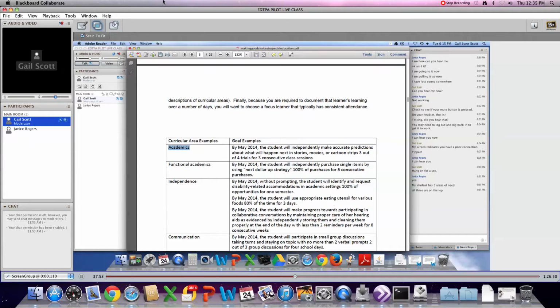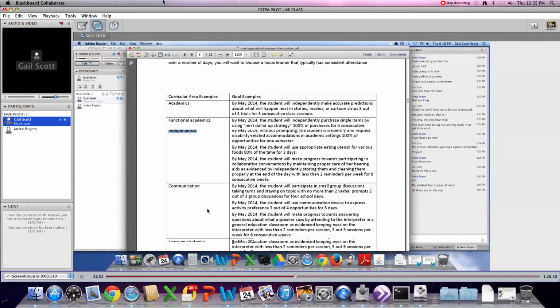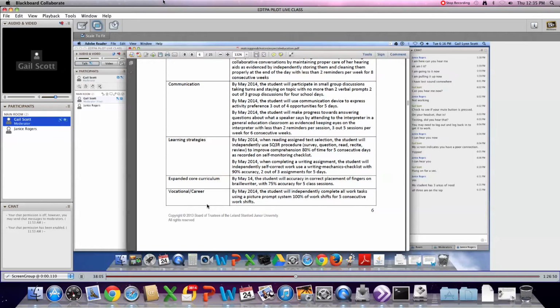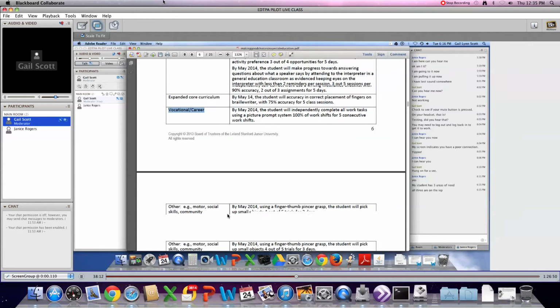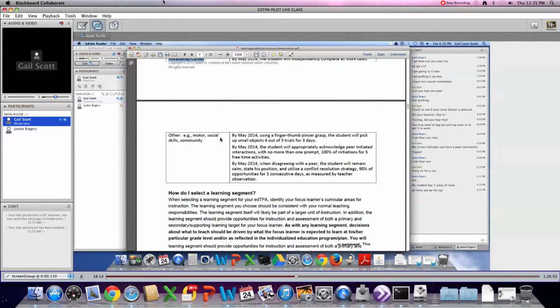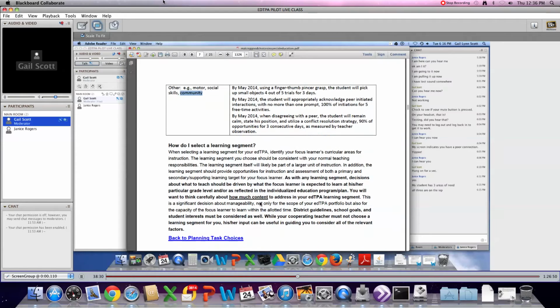But you also can pick from functional academics, independence, communication, learning strategies, the expanded core curriculum that you saw from that other teacher from last year, vocational career, if they have a transition plan, motor skills, social skills, moving about or being an active member of the community. That's all transition stuff. All right. So I love that they've given us some models. That's really cool.